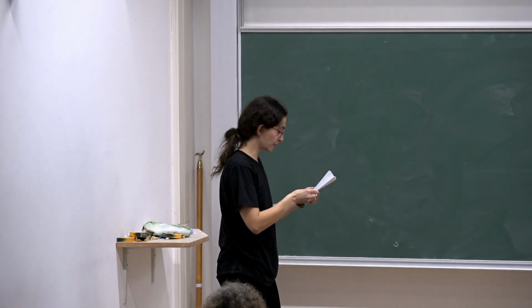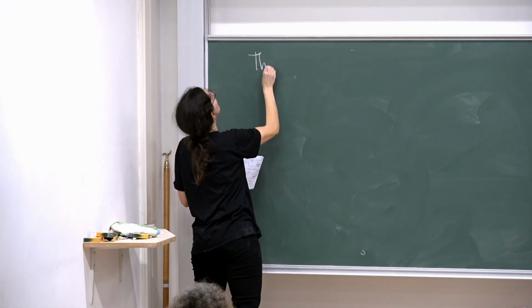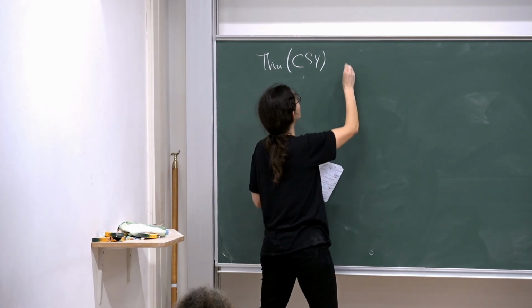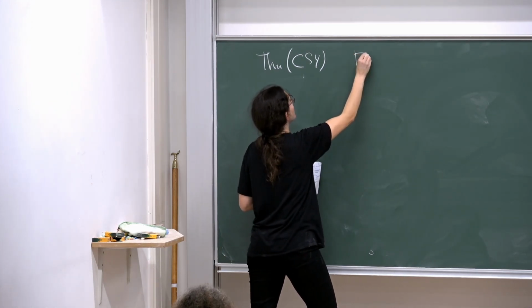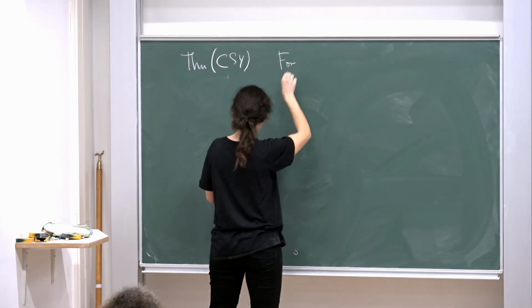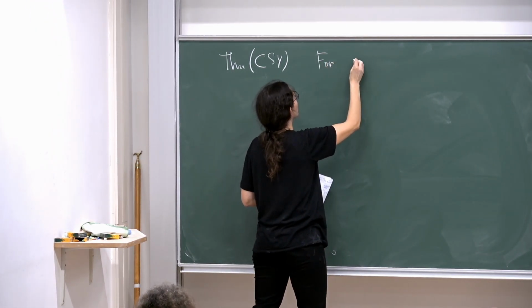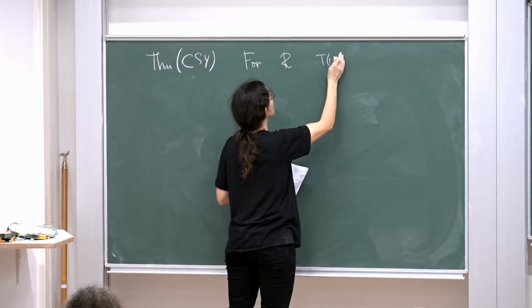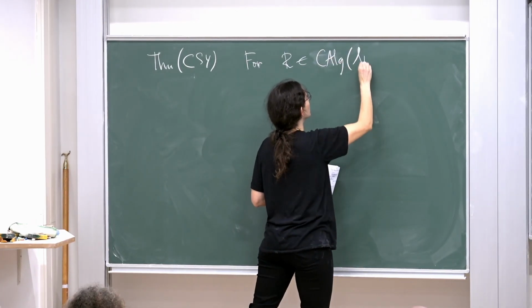How do I want to say this? Well, okay, here. Theorem is that, let's put it this way. Let's say R an algebra in Tn local spectra.